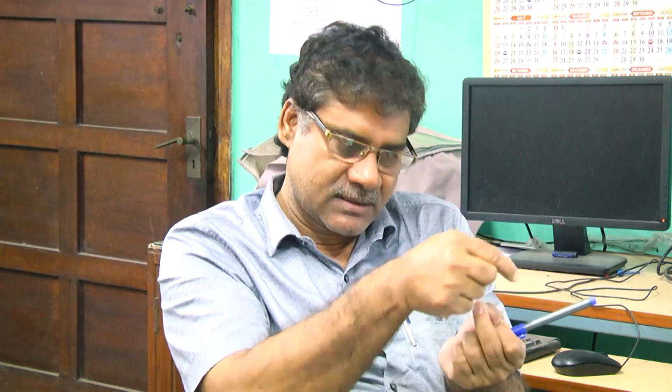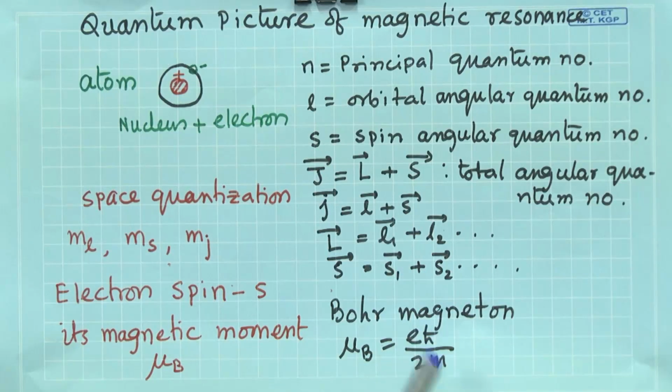That value is basically eh cross by 2m. One can derive it very easily, and that is why it is called Bohr magneton.